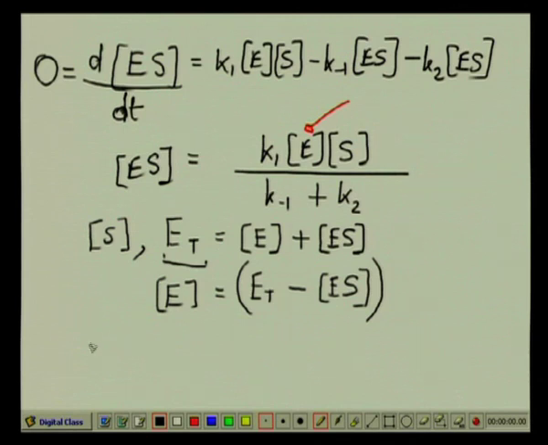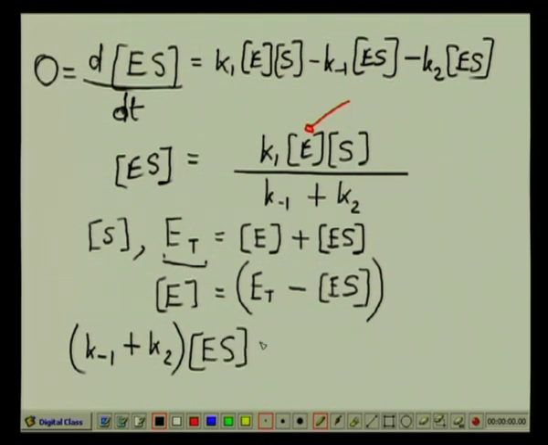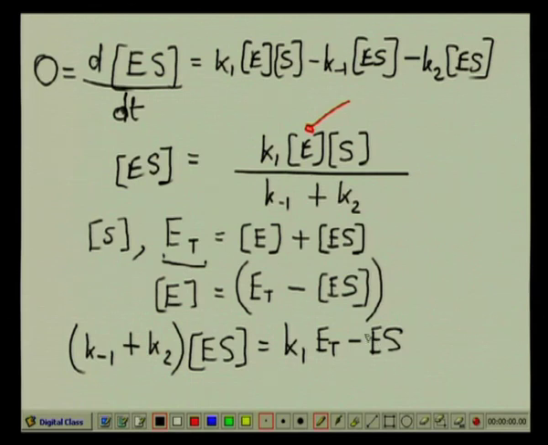We get K minus 1 plus K2 ES is equal to K1 E T minus ES S, that is what I have.